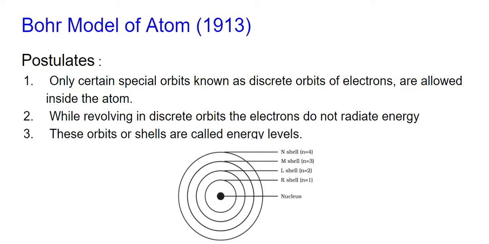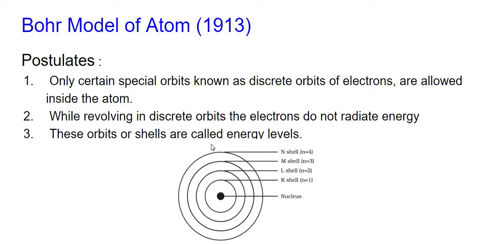It has to be certain special orbits, as you can see in the diagram. Only in these orbits is the electron allowed to move. And while revolving in these orbits, the electrons do not radiate energy. These are the special orbits where energy is not lost.